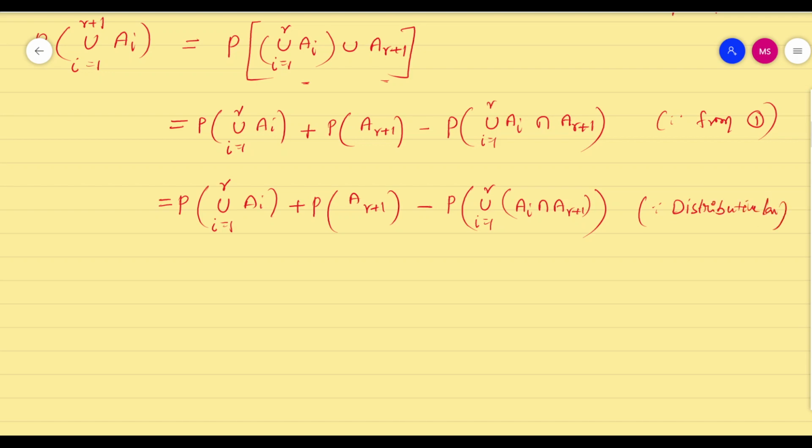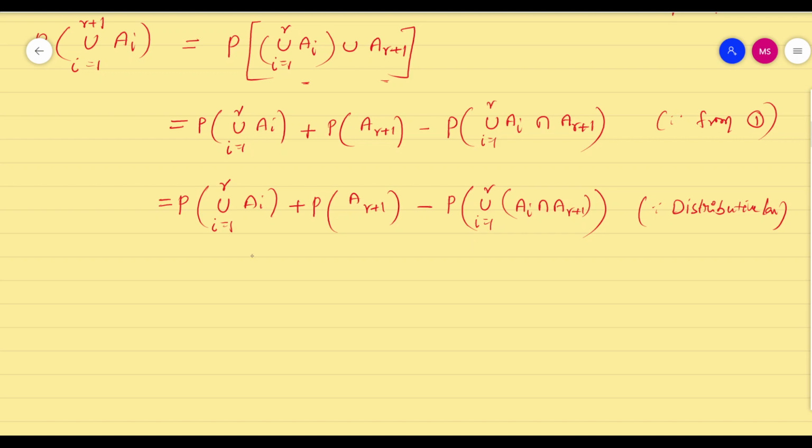What is the distributive law? Very simple. This is a1 union a2 union and so on up to ar, bracket, intersection a r plus 1. I am taking a1 intersection a r plus 1, union a2 intersection a r plus 1, union and so on, ar intersection a r plus 1. So the combination of unions, union i running from 1 to r of ai intersection a r plus 1. This is called the distributive law.